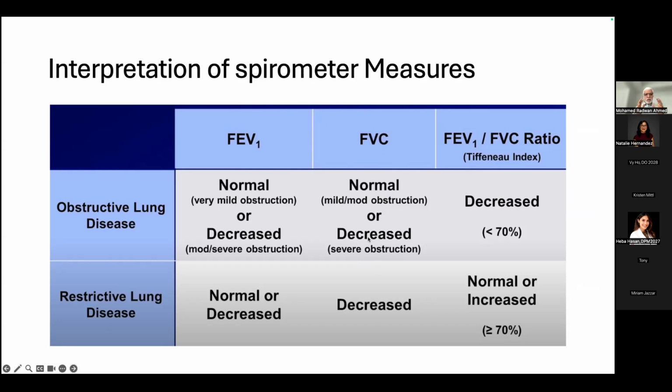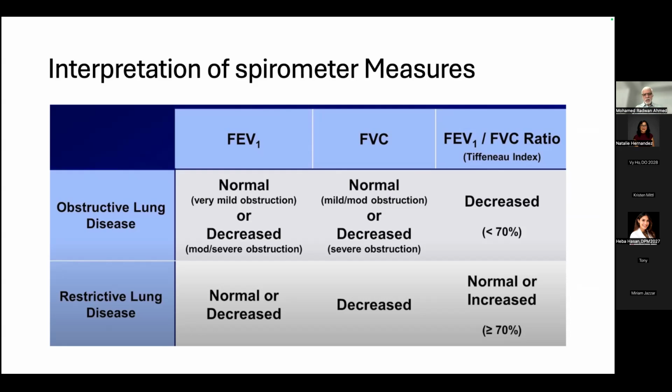The FEV1 is going to be affected, meaning the flow of air within the first second is going to be far less. The normal ratio between FEV1 and FVC should be 70% or above, as we discussed.